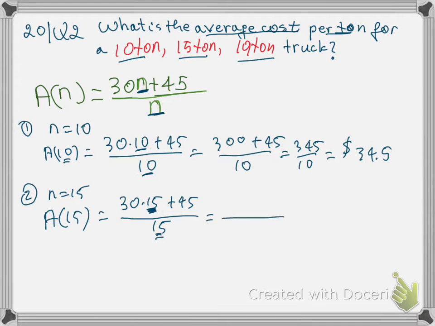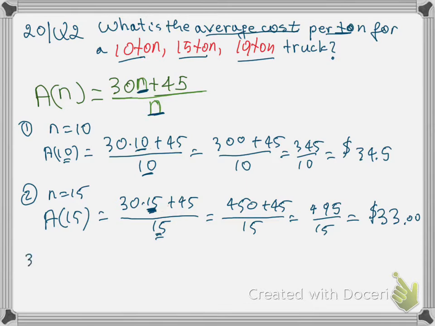Let's simplify this. 30 times 15 is 450, plus 45 over 15. 450 plus 45 is 495, divided by 15. Let's find out what that is. $33 and 0 cents, so $33.